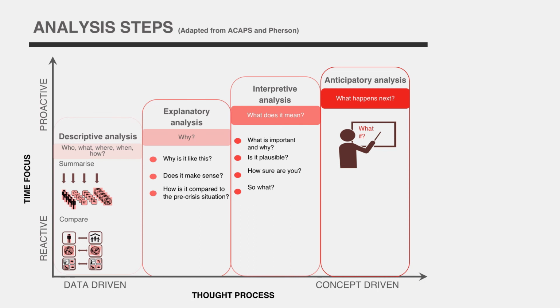Anticipatory analysis may also lead to contingency planning, especially if the developments envisaged are dependent on certain assumptions about what may happen next. For example, an upcoming monsoon season or other climatic events that occur annually and may exacerbate the humanitarian needs.